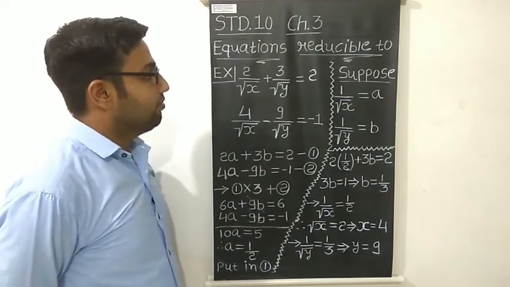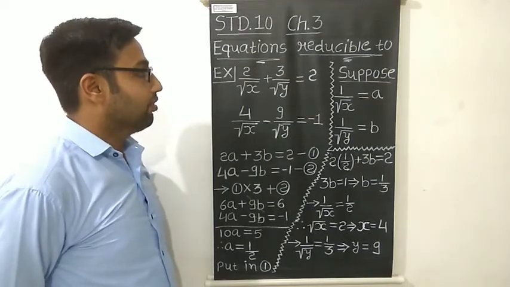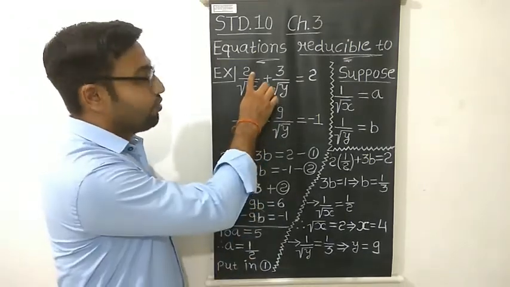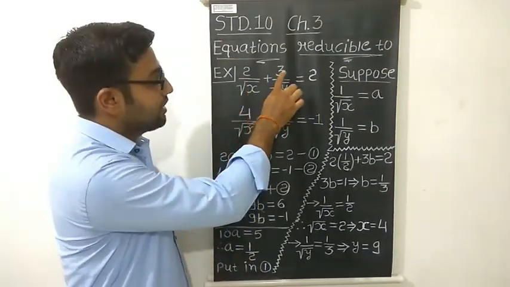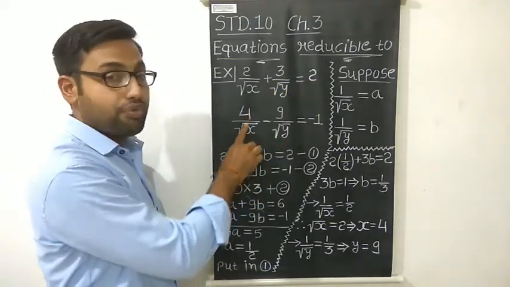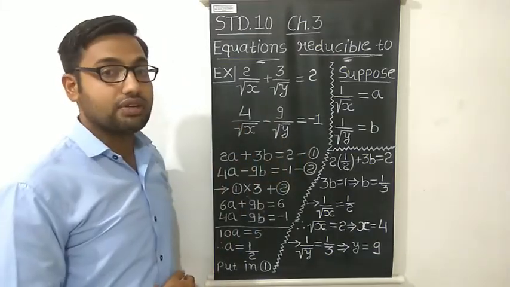Okay, so now if we come across some sums like this, see here, 2 upon root x plus 3 upon root y is equal to 2, and 4 upon root x minus 9 upon root y is equal to minus 1.